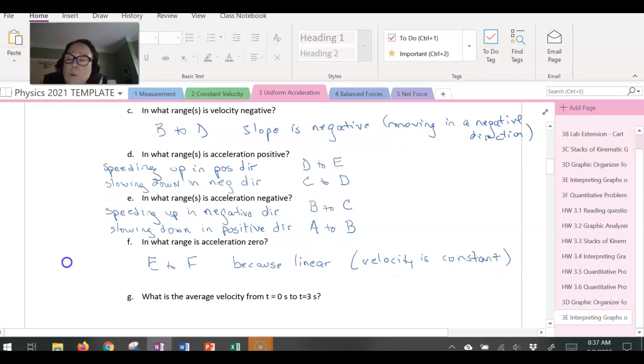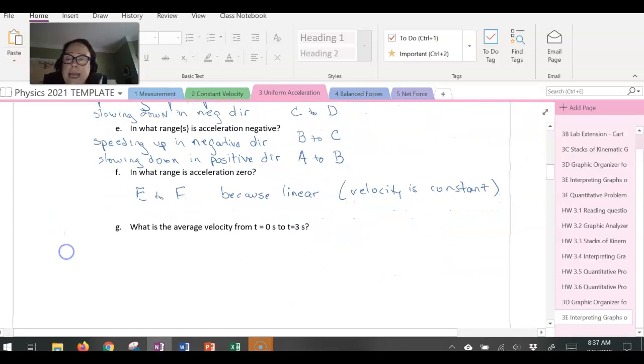Okay, now we're going to do a little calculation. What's the average velocity from time 0 to time 3? Well, the definition of average velocity is the displacement divided by the elapsed time. And the displacement, when I have a position versus time graph, I can find displacement as the final position minus the initial position.